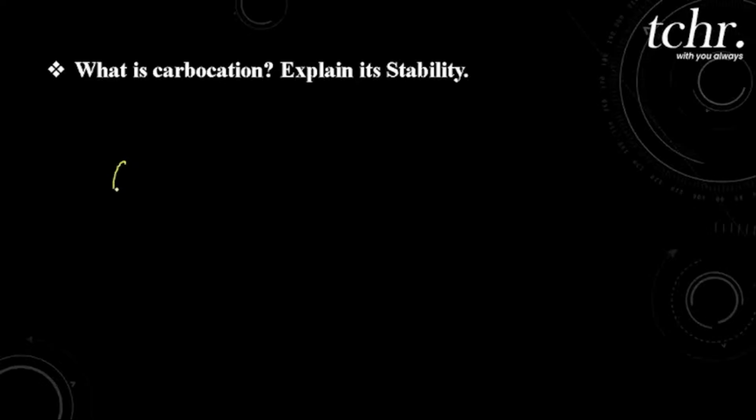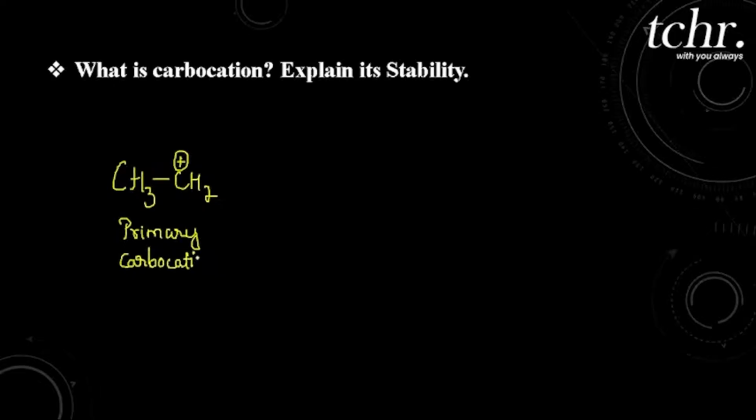So I can write a carbocation as CH3, CH2 with a positive charge. If the positive charge is on the carbon atom of the CH2 group, which is further attached to one methyl group, then this, students, is called a primary carbocation.